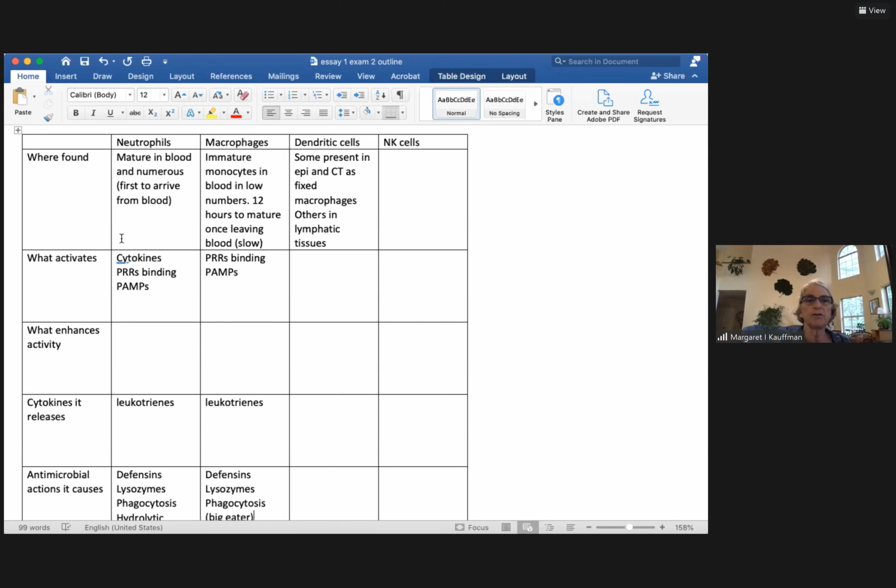The essay focuses on these 3 cells, and in particular for the macrophages, it's asking about the free types. So that's all I'm going to be talking about here, because most fixed macrophages are probably dendritic cells.